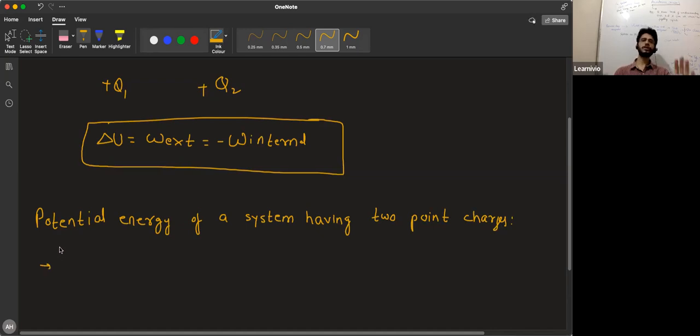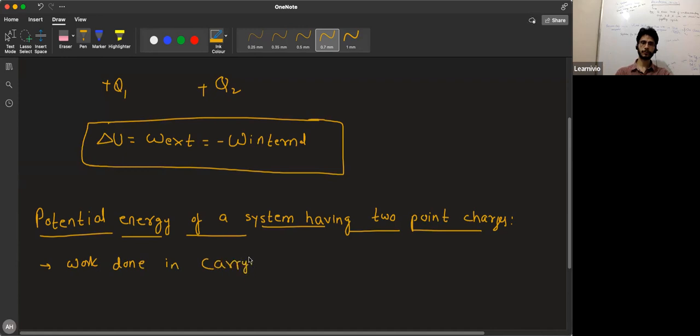So the definition is you just calculate the work done in carrying these charges from their infinite separation to their respective positions.